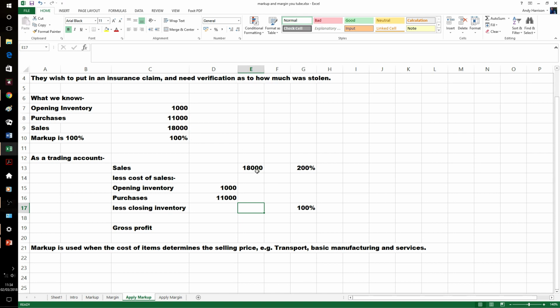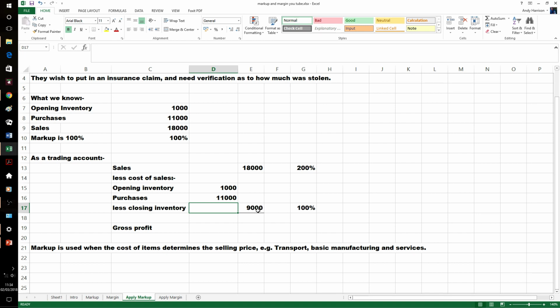So if we take our sales, we know that that's 200% because it's the 100% of the cost plus 100%. So we can work out our cost of sales. So our cost of sales was 9,000. So we've got opening inventory plus purchases minus closing inventory is our cost of sales.